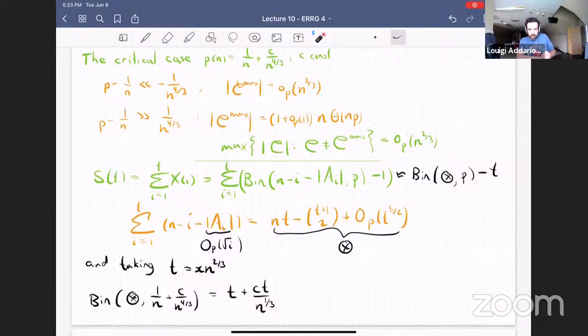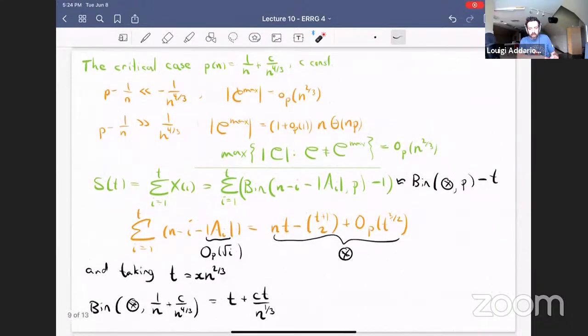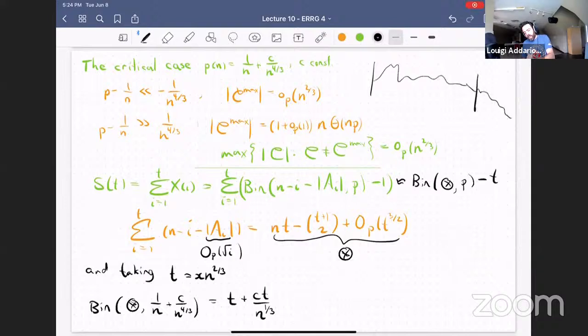What we already saw in the exploration process was that after you've been exploring for a while, what's left of the graph starts to look like a subcritical Erdős–Rényi random graph. So after you've been exploring for a large constant times n to the 2/3 time, what happens after that time looks like a subcritical graph.